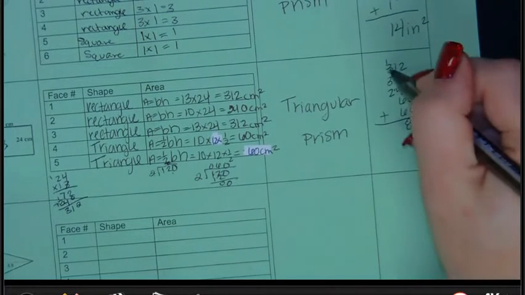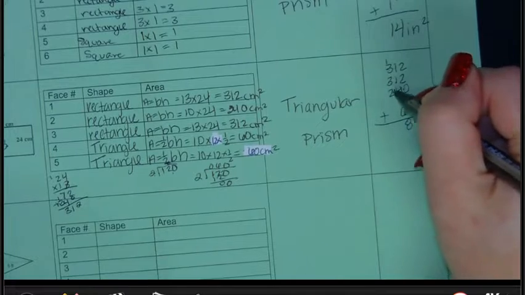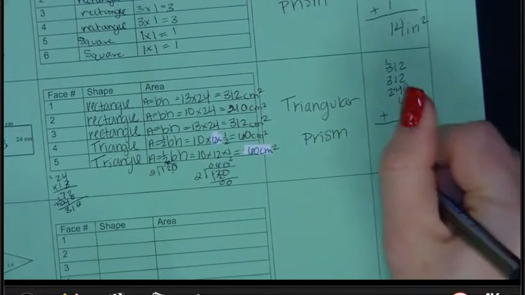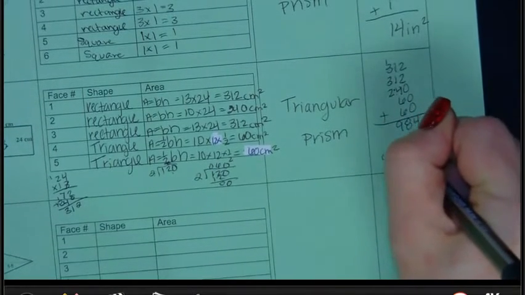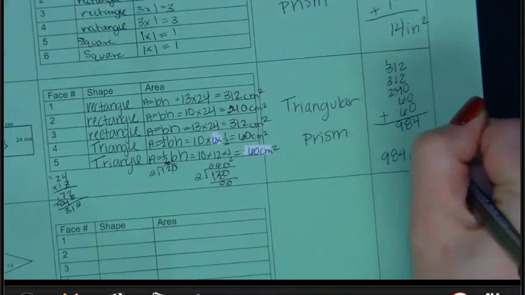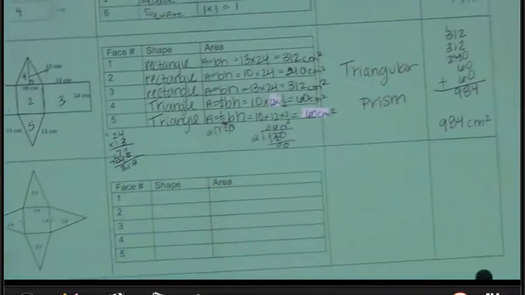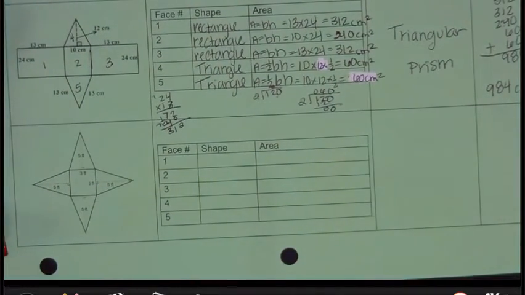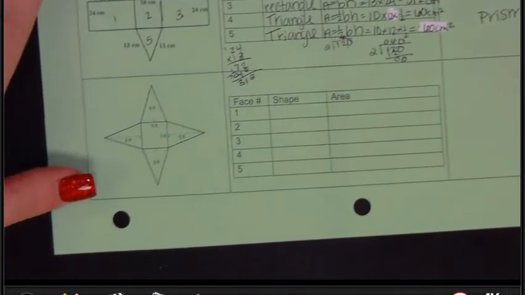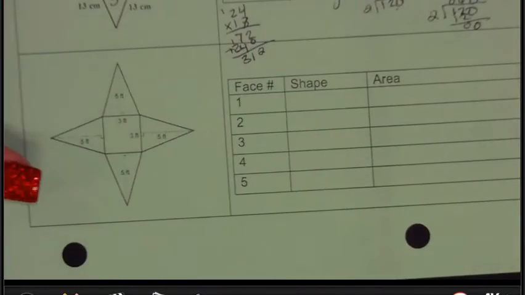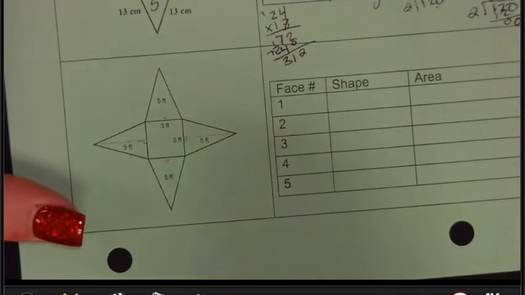Carry the 1. So 3 plus 3 is 6, 7, 8, plus 1 more is 9. So I should have 984 centimeters squared.